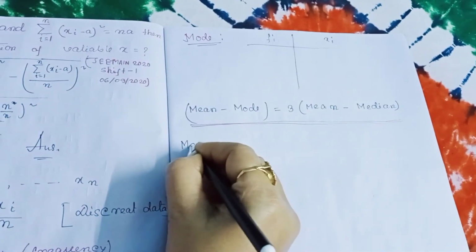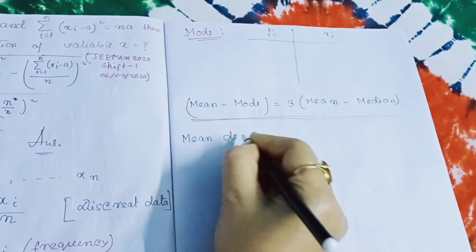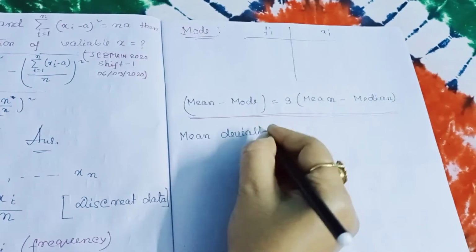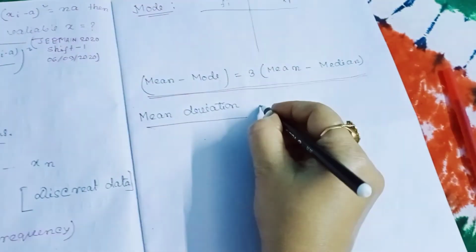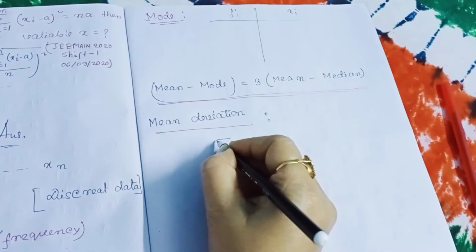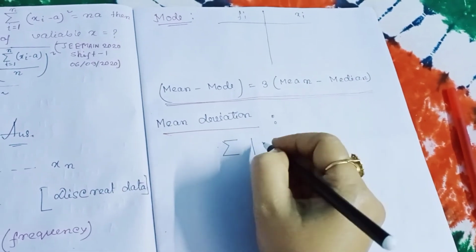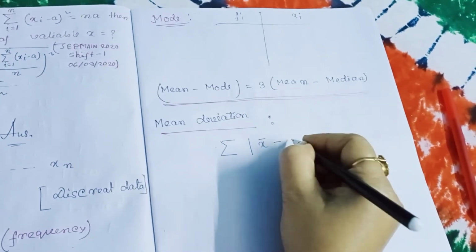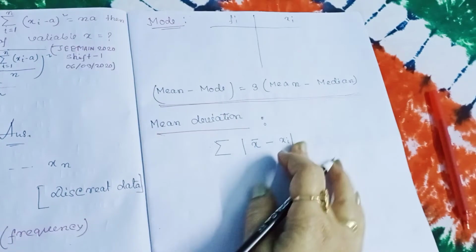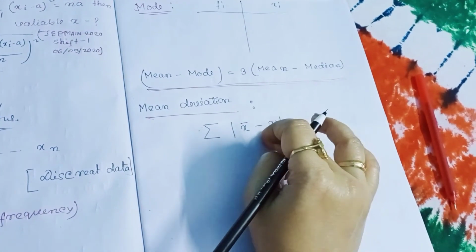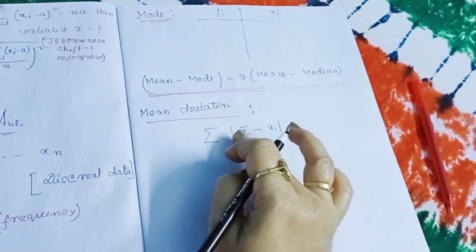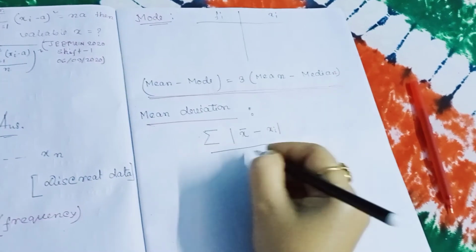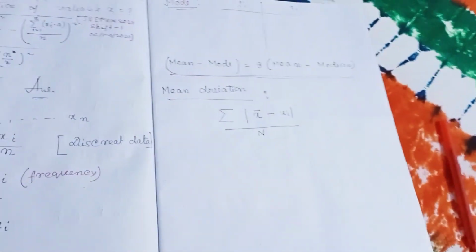Now another one is mean deviation. So what is mean deviation? Mean deviation is the summation of the modulus of xi minus x bar, for all observations, divided by the number of observations, that is called mean deviation.